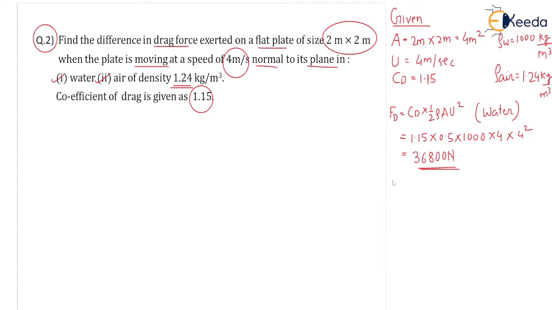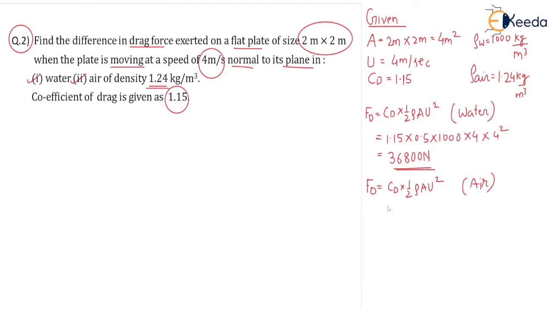Now we'll find it in case of air. FD equal to, same formula will apply, CD into half rho A V square for air. Now we are calculating in case of air.